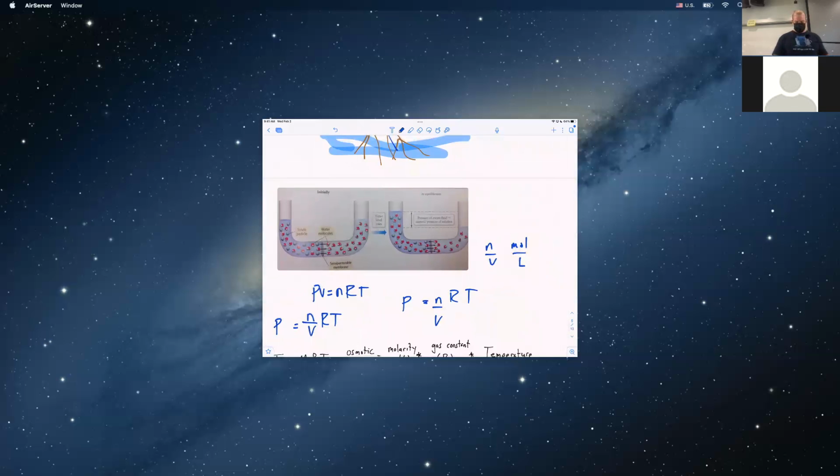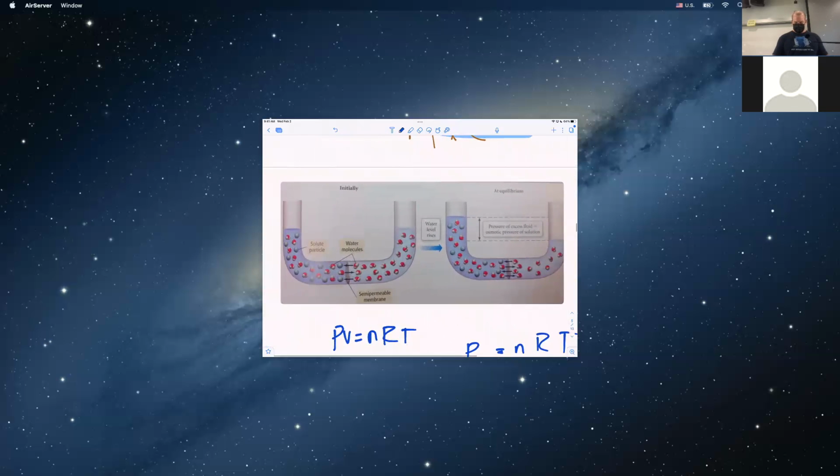This is a very specialized piece of equipment called a U-tube apparatus. It's a tube in the shape of the letter U, and you put a semi-permeable membrane in here. A semi-permeable membrane allows water to pass through, but bigger molecules it won't let pass. We used to do this; we do it in a different way now.